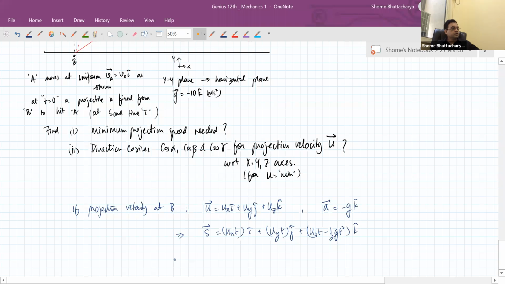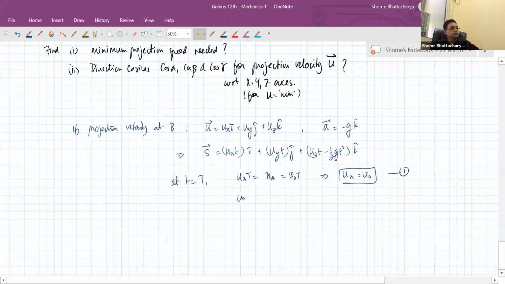Okay. So at t equal to capital T, ux into T should be equal to the displacement of E along the x-axis. So that should be equal to v naught T. So that tells us that ux has a fixed value of v naught. Okay. uy into T should be equal to distance d.